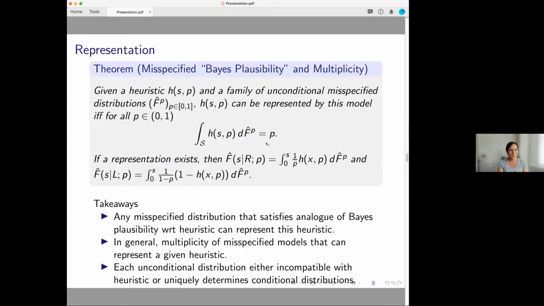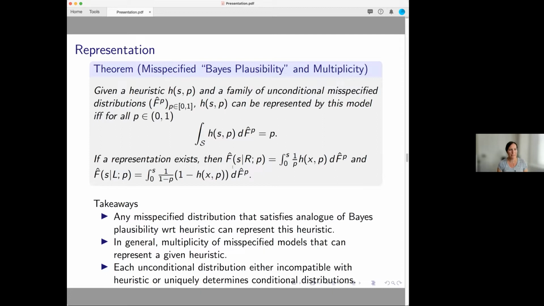So Bayes' plausibility isn't going to place any further restrictions on which families of misspecified distributions can represent a given heuristic. However, once we do have the unconditional misspecified distribution, then it's going to exactly pin down the conditional distributions in each state. And we could also go the other direction.